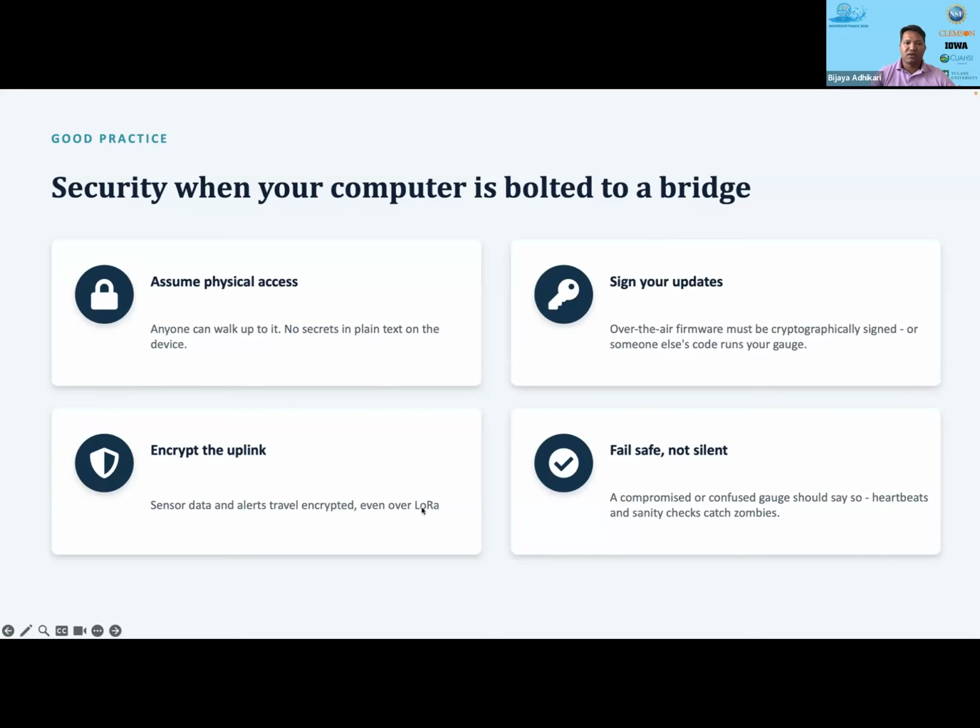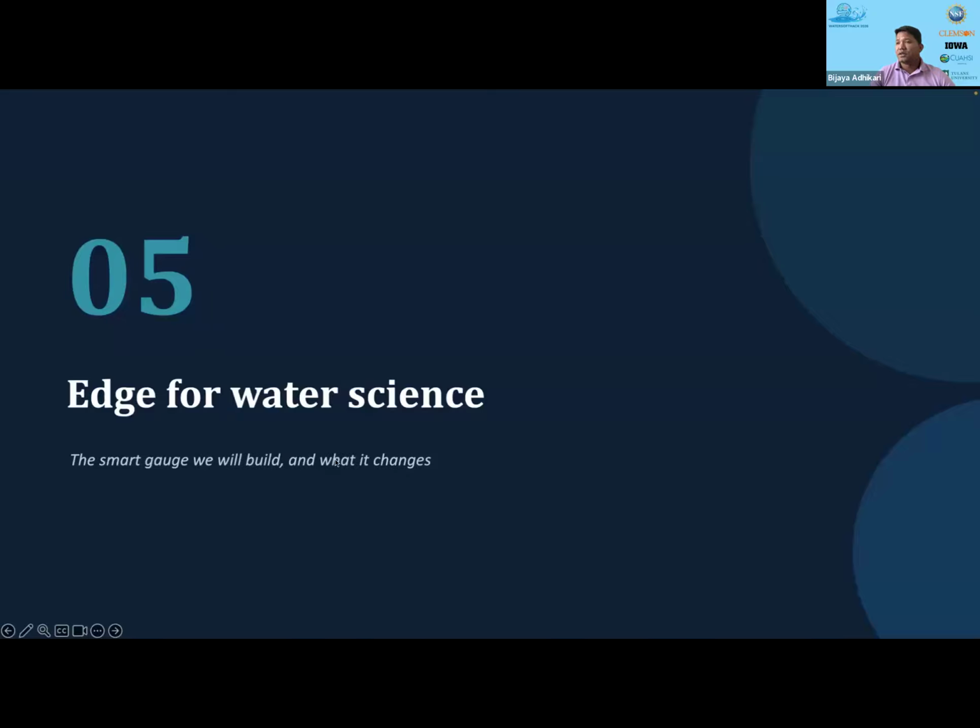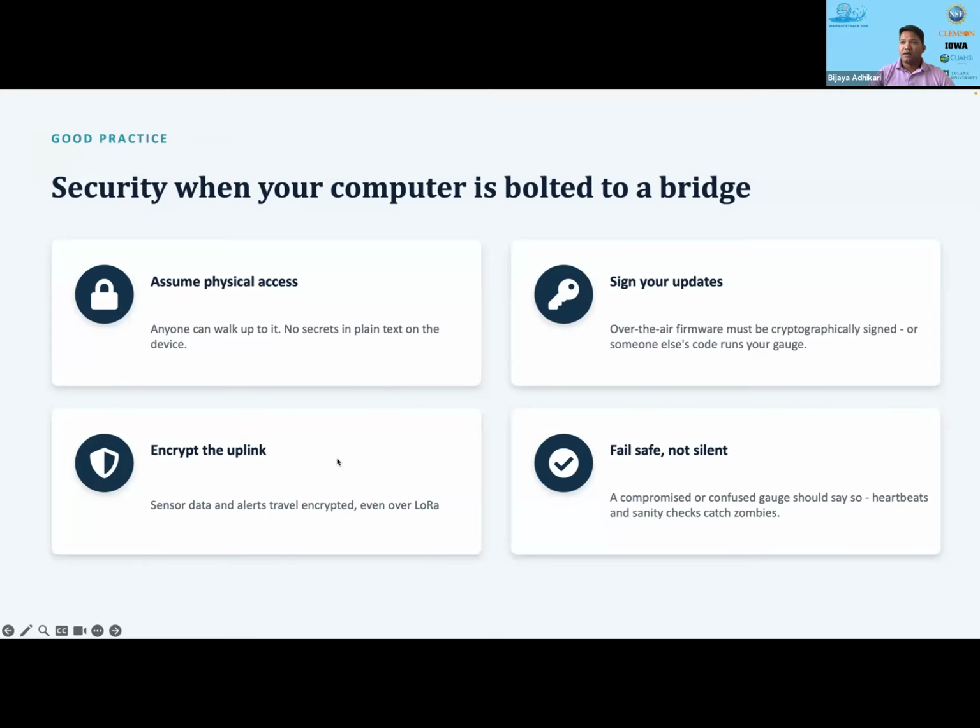Even the LoRa link, when the edge device is talking to an intermediate gateway device, should be encrypted. Otherwise, someone might mimic the edge data, sending a signal to the LoRa gateway device and producing false numbers.